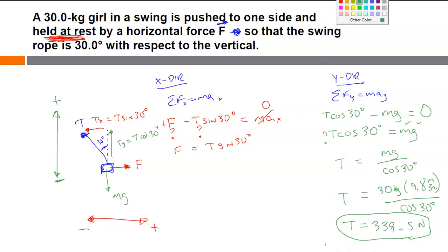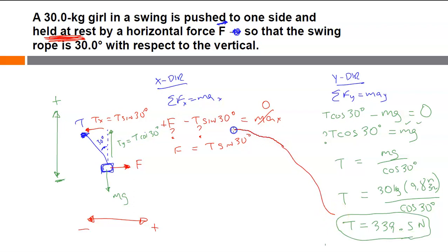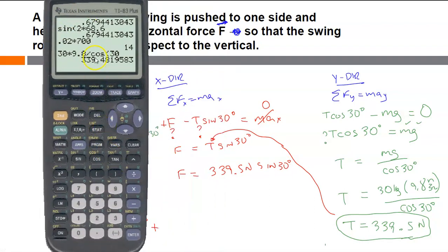All right, and as soon as I have that number, then I can bring that up here and plug it in. It'll draw a line long enough for me, and then it's child's play to come along and say F equals 339.5 newtons times the sine of 30 degrees, and we'll see what that is super quick here. 339, I already got the number.